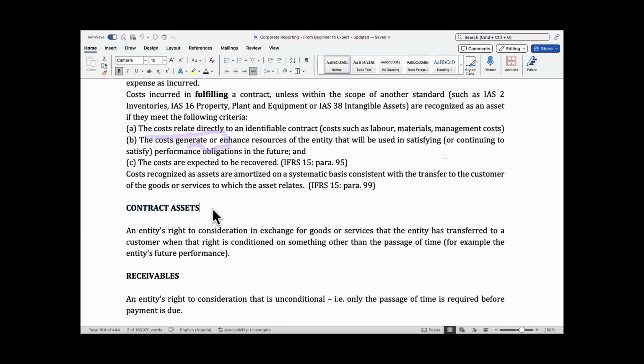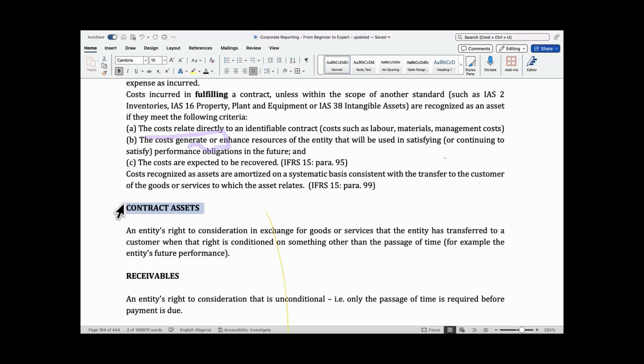Because a contract asset is when you are expecting money from a customer and your money is conditional on some future performance.